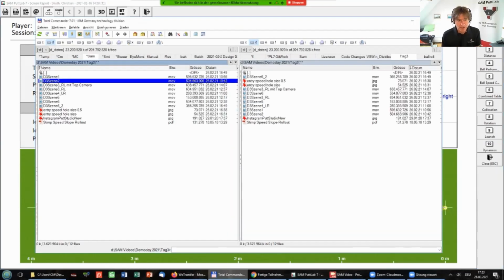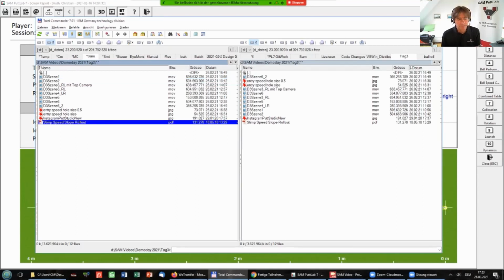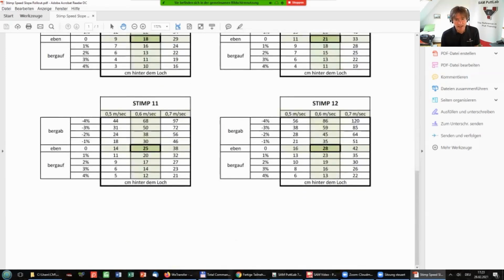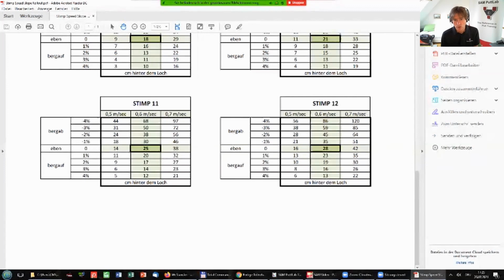So maybe I would need to pop up some data on that. We could, for example, go to this picture here. I hope you can see that. So let's say we talk about stimp 12, and then relative to your entry speed, you would end up with different optimum speeds or different distances behind the hole relative to what you select.